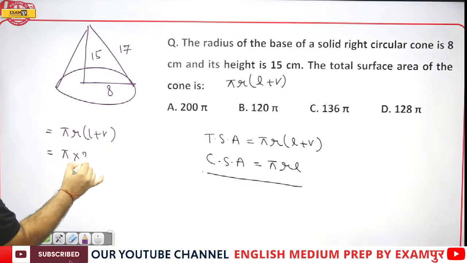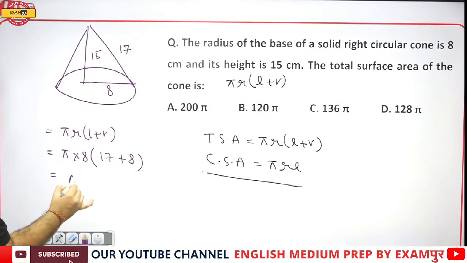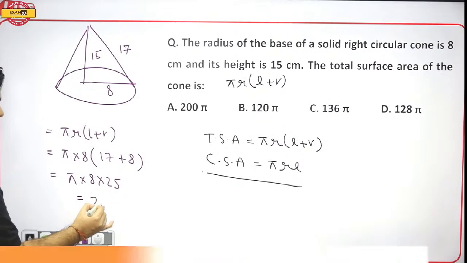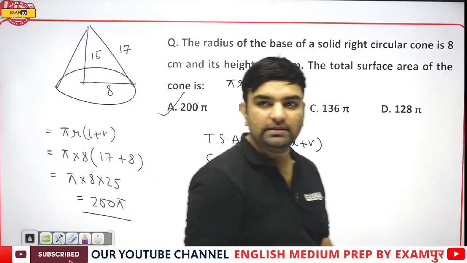Radius is 8. Slant height is 17. Pi into 8 into 25. 200 pi is the answer.